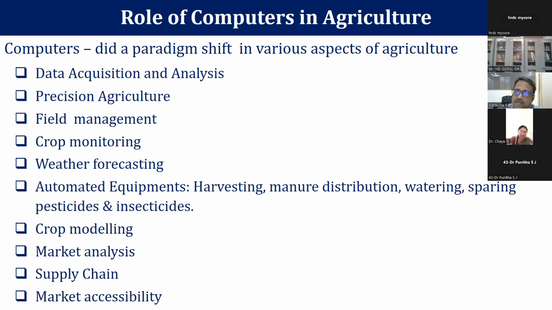How to spray that? For that also, there are some automated equipments. These equipments are controlled by computing systems, so with a tab or simply our mobile phone, we can control them. That is another computing technology that will be very useful in precision agriculture.